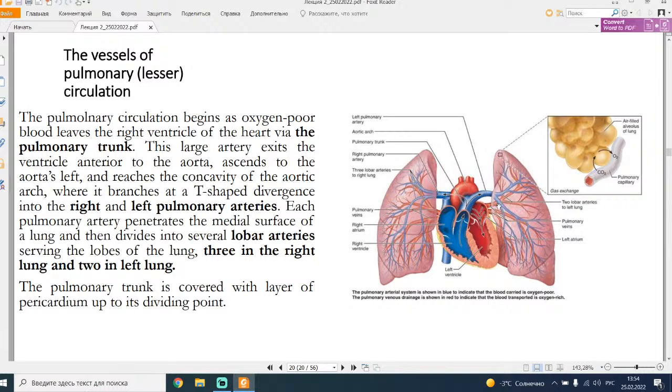The pulmonary trunk is covered with a layer of pericardium up to its dividing point.